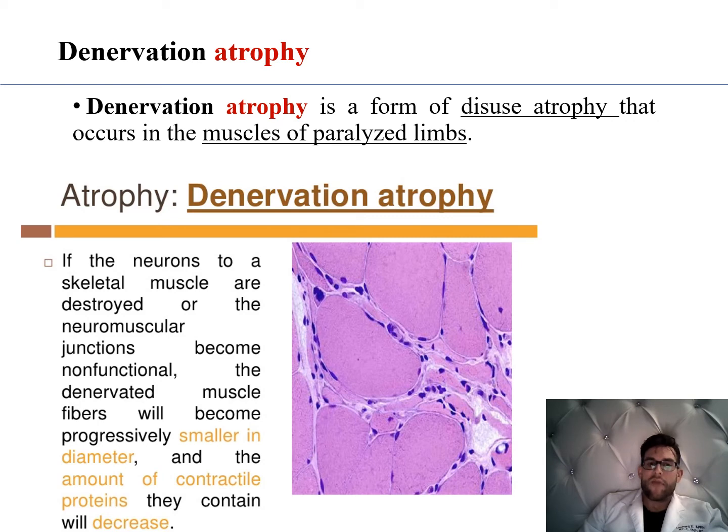So if the neurons that stimulate and innervate the skeletal muscle are destroyed, or if the neuromuscular junctions become not functional, then the muscle fibers will progressively become smaller in diameter and the amount of contractile protein will decrease. This is an example of denervation atrophy.